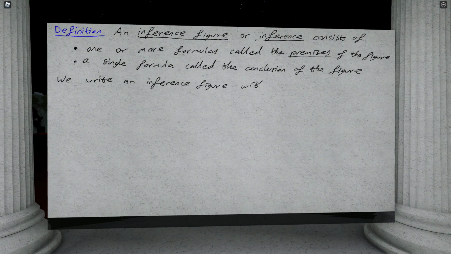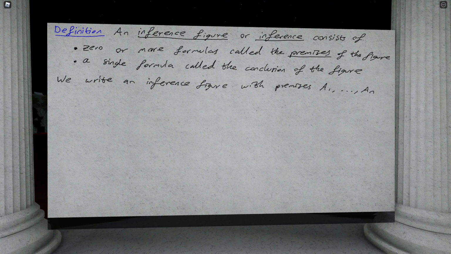And so we write an inference figure with premises A1 up to AN. I'm just remembering something. I should actually say zero or more premises.